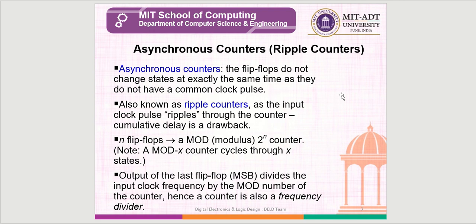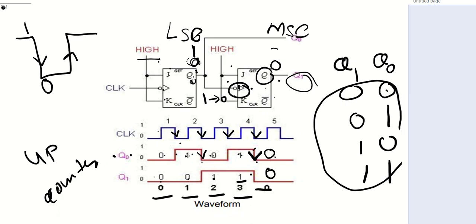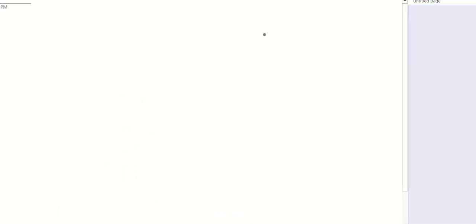Okay, so we know what an asynchronous counter is. Now I will explain how we can differentiate them from the synchronous counter, or what the main difference is between synchronous and asynchronous.